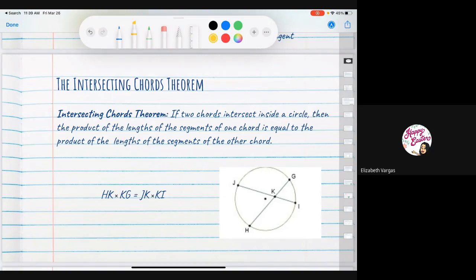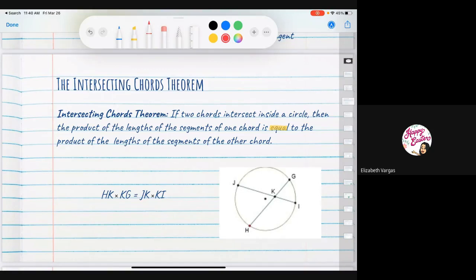Basically, this says if 2 chords intersect inside a circle, then the product of the lengths of the segments of one chord is equal to the product of the lengths of the segments of the other chord. Product references multiplication. I'll show you in color because it's a little difficult. Okay, so we have 2 chords because the endpoints run on the outside of the circle.